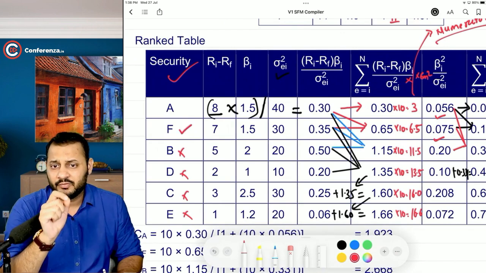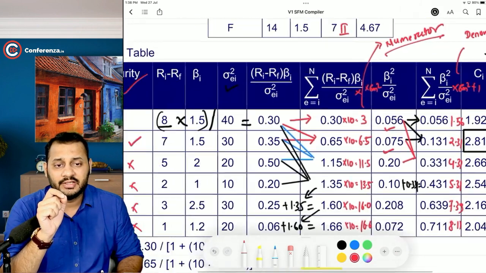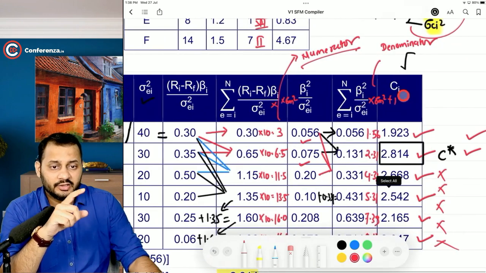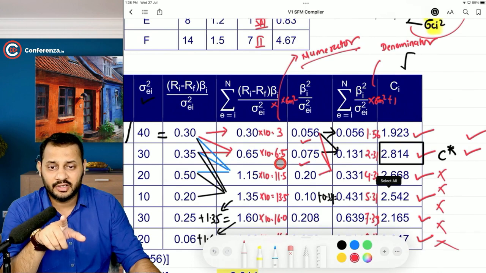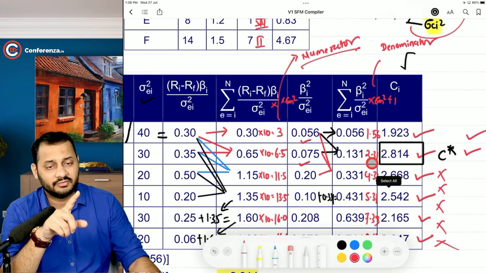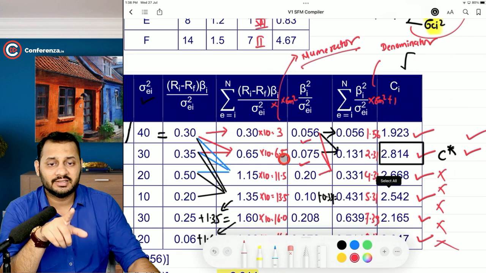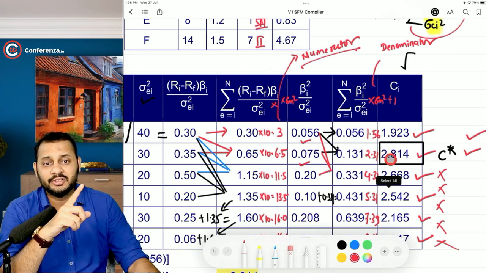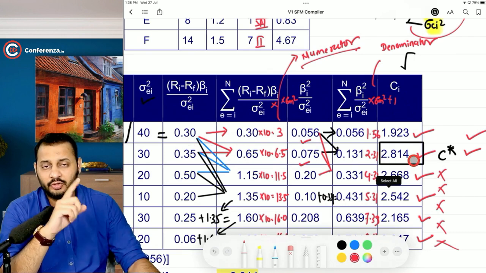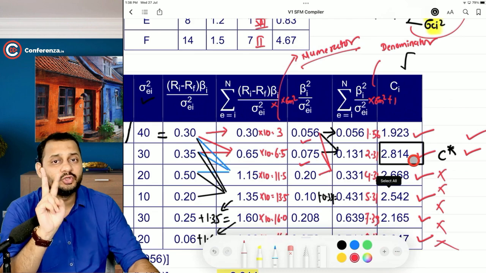What does that mean? Accepting F means, see, I will tell you. This 2.814 was calculated by the numerator, this value 6.5, and the denominator, this value 2.31. Now understand this. 6.5 comes from this calculation which was the cumulative of A and F. That means 2.814 includes two securities.